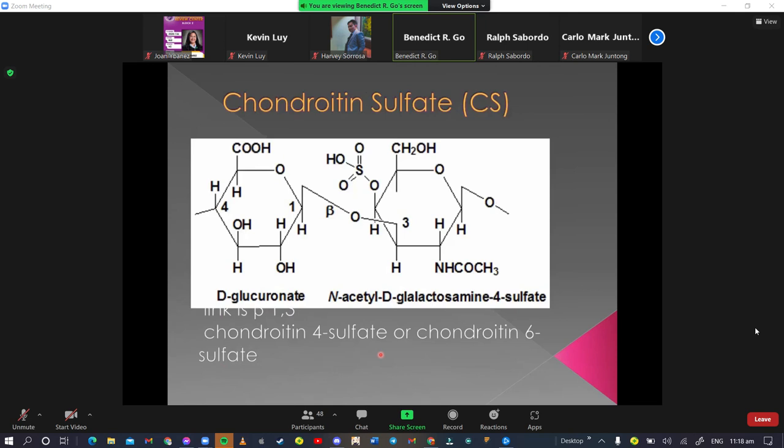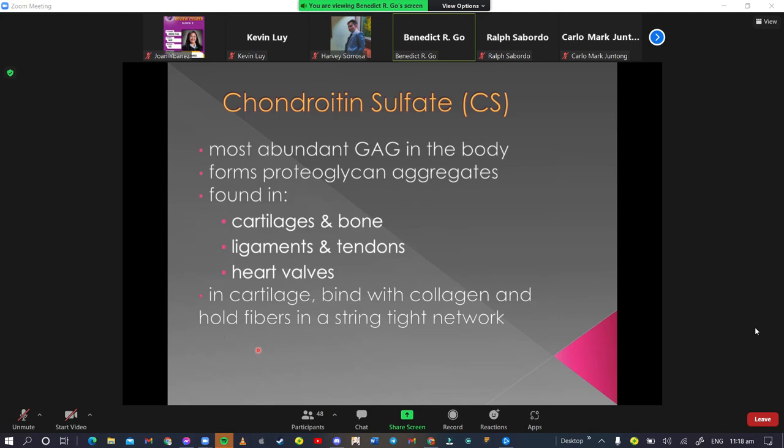Chondroitin sulfate, of course, has sulfate, and the sulfate can be in either position 6 or position 4. It's the most abundant GAG in the body, and they form your proteoglycan aggregates.